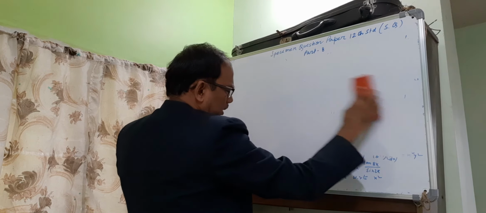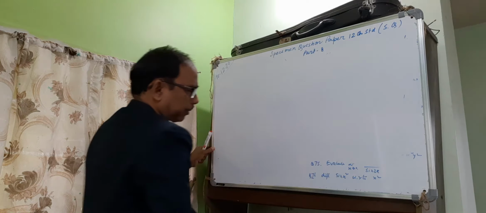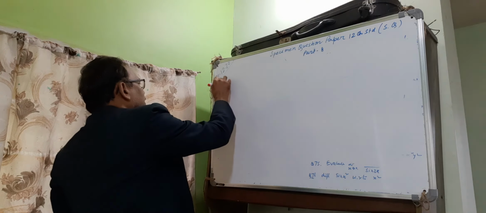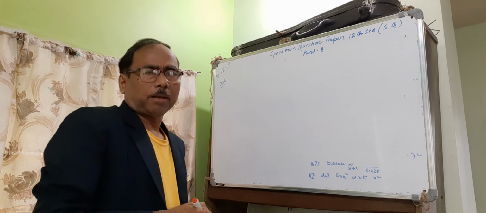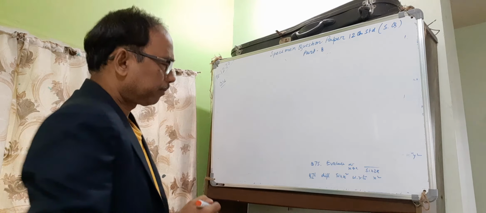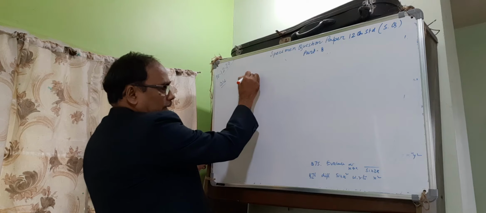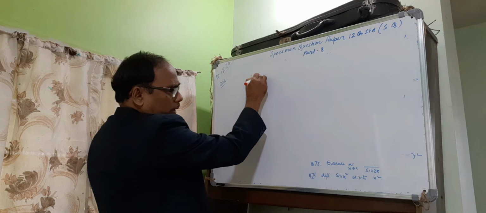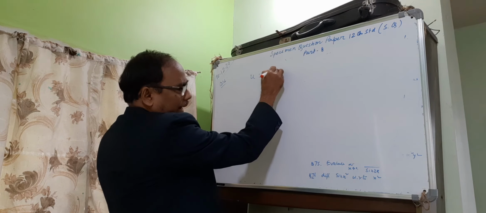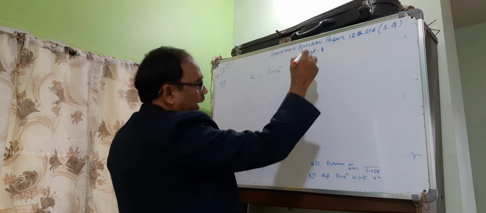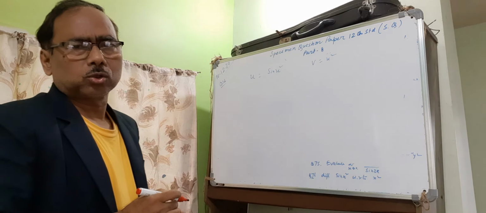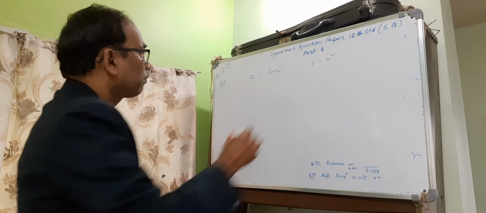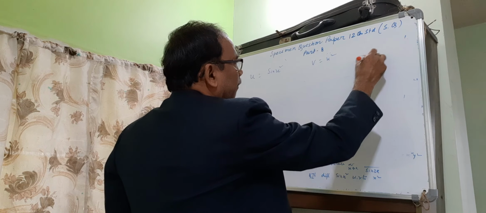Next, last sum, sum number 76. It is a derivative sum. Here, let u equals sin x square and v equals x square. We have to find du by dv.